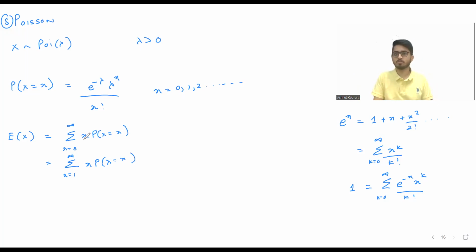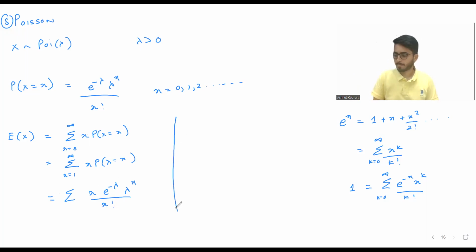Because when x is 0, the first term will be 0 only. When I put 0, x is 0. So again, take a look, then note it down. This will be x into e to the power minus lambda, lambda to the power x by x factorial, and x is from 1 to infinite.